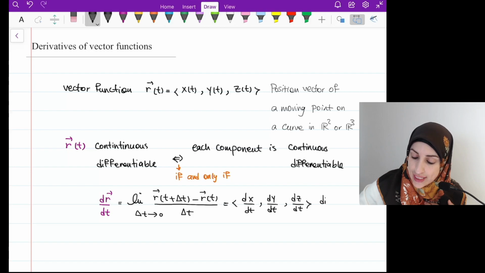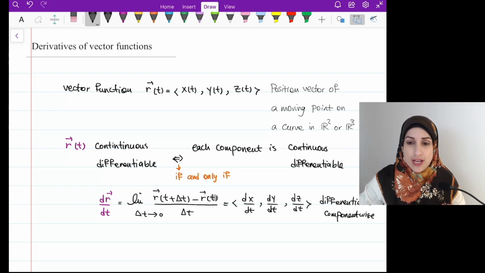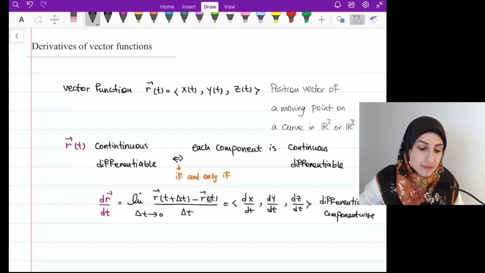So we say that the function is differentiable component-wise, since each of the components should be differentiable so that the function is differentiable.